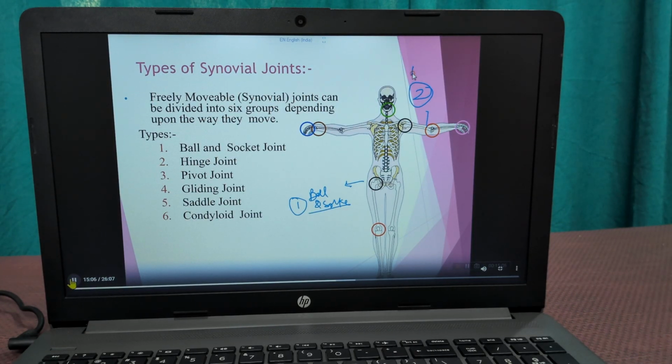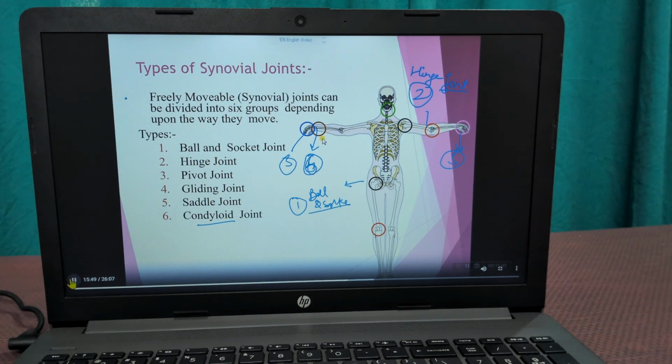So this is the hinge joint, number 2. This is the gliding joint, number 4. These are the saddle joints, number 5. And these are number 6, the condyloid joints, which are behind the saddle joint.